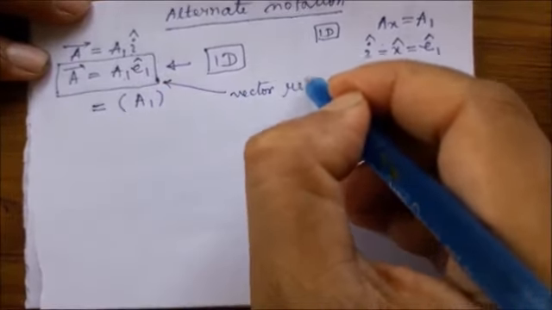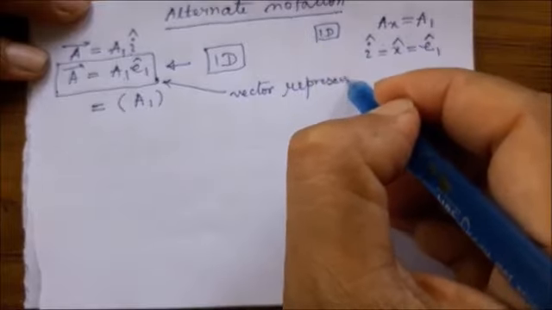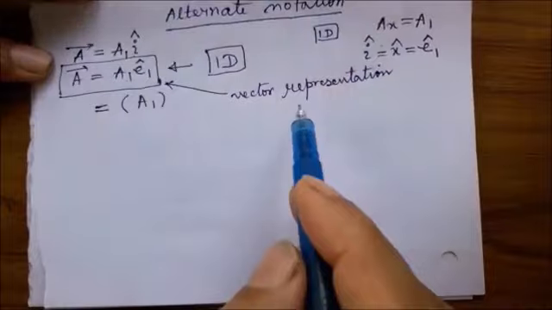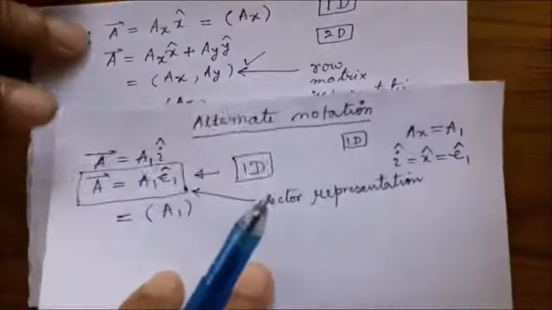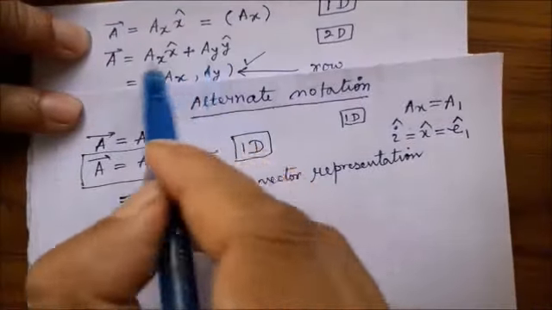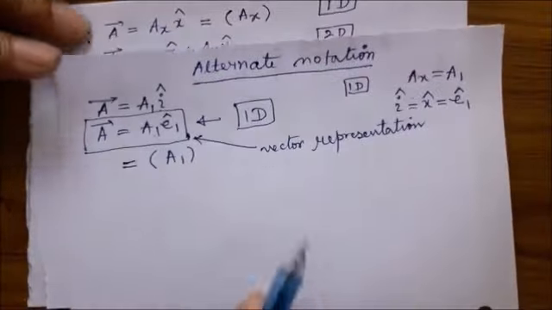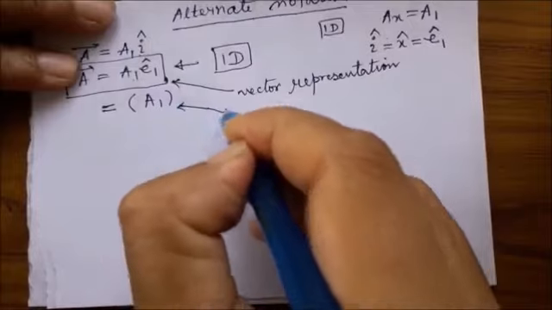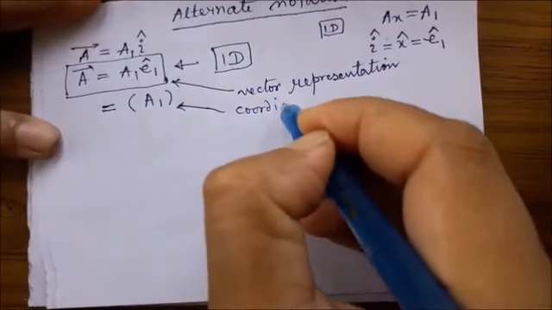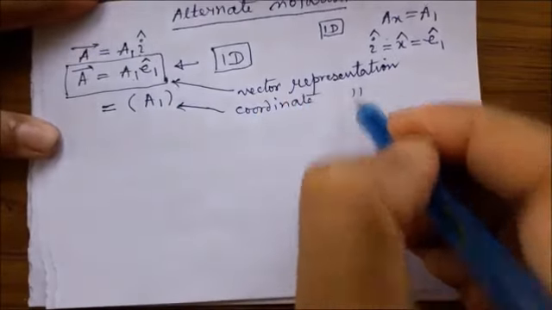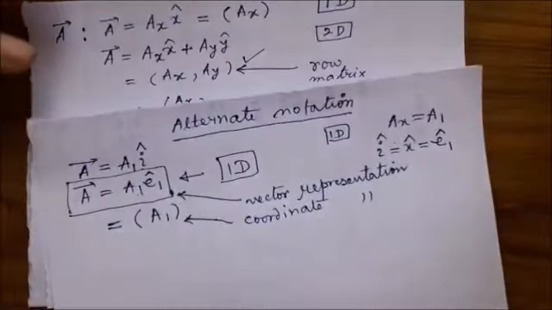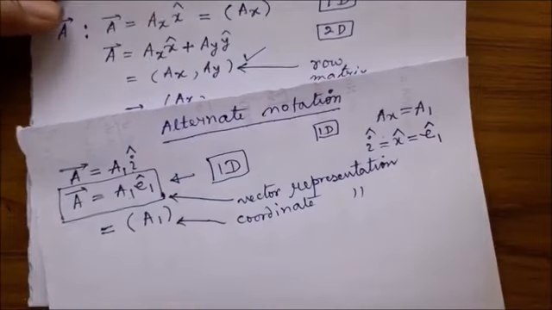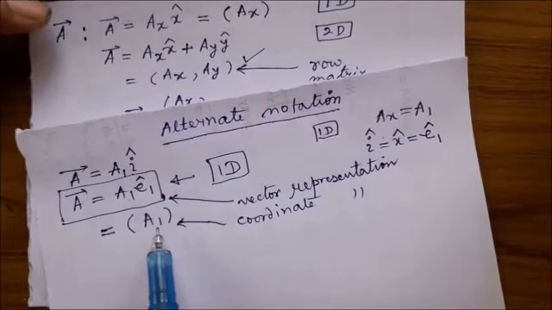This is called vector representation because we are writing in terms of vectors. And coordinate representation is this one. This is called coordinate representation because we are writing things in terms of coordinates.